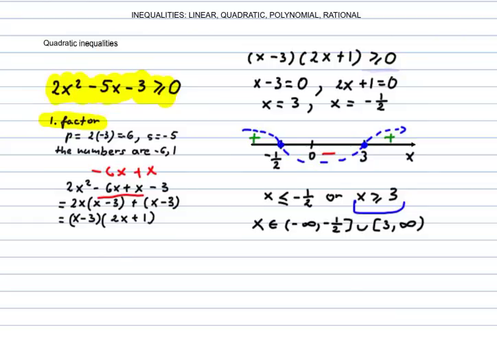Using interval notation, we have to emphasize that square brackets are to be used. -∞ to -1/2, union symbol, which represents or, x is an element of the next interval as well, 3, including 3, comma, positive infinity.